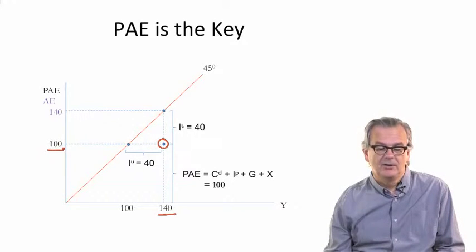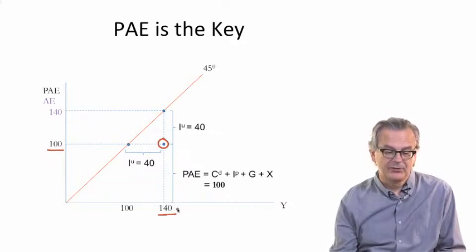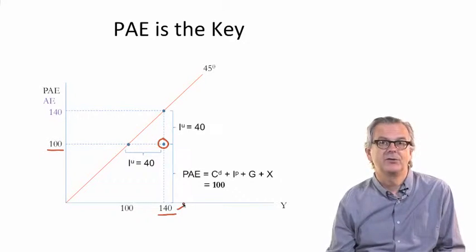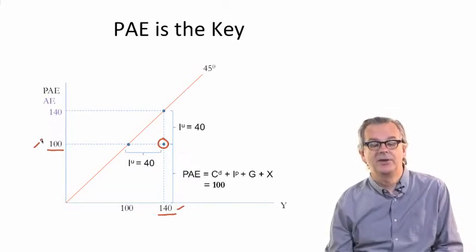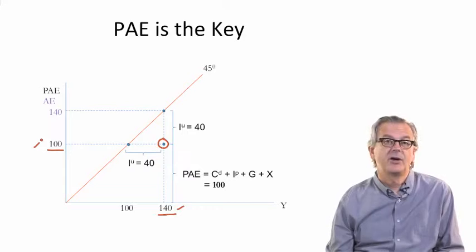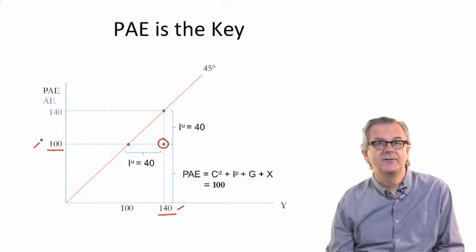Put simply, what you're looking at here is a situation where the economy has produced too much. It's produced too much relative to what agents are prepared to spend. There is going to be, in other words, unsold output. Firms are going to be accumulating inventories of unsold output. But this is unexpected.